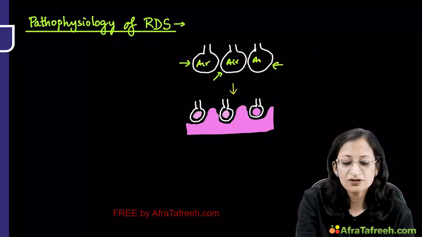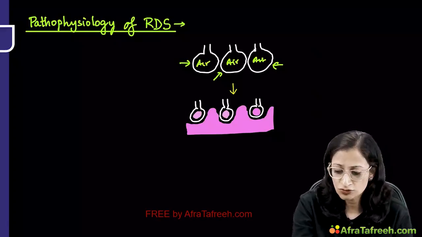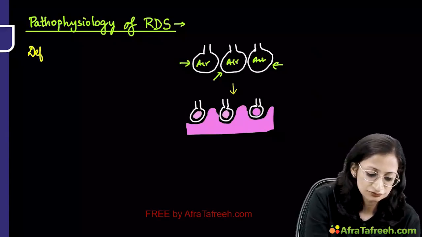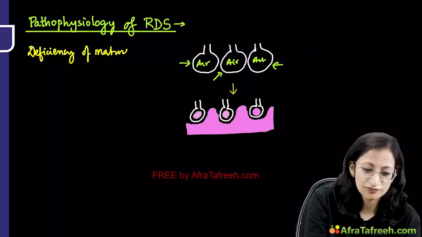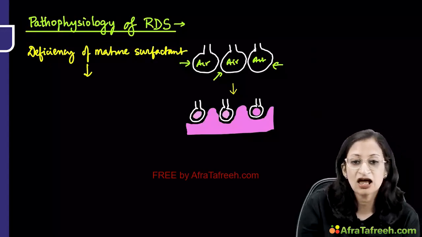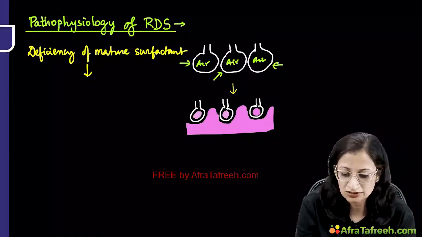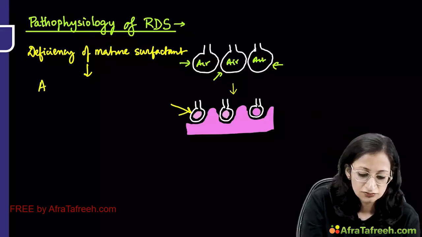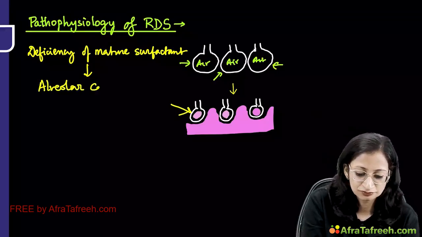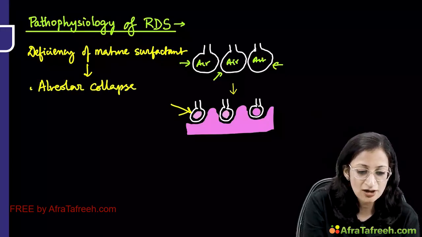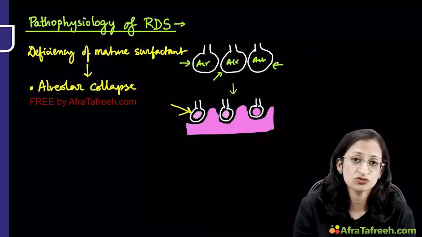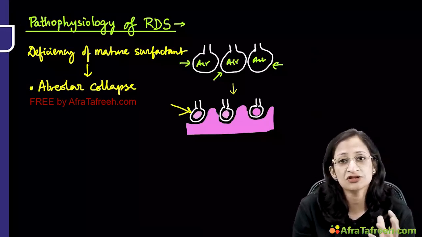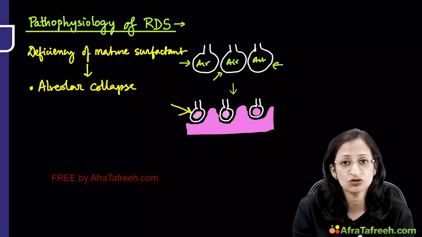Now what happens in respiratory distress syndrome, we all know, is there is deficiency of mature surfactant. Because mature surfactant is deficient, the alveoli are going to collapse, like this, alveolar collapse. If alveoli collapse, edema fluid is going to collect in the spaces in between the alveoli, and inflammatory cells also come in, and they will cause diffuse alveolar damage.